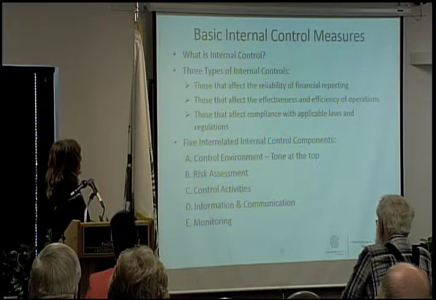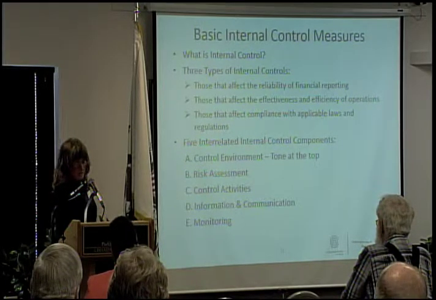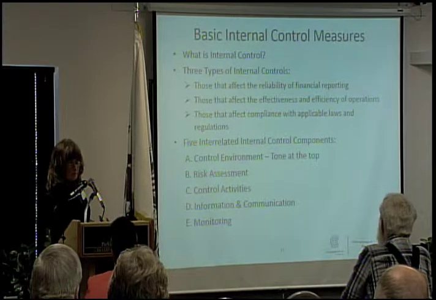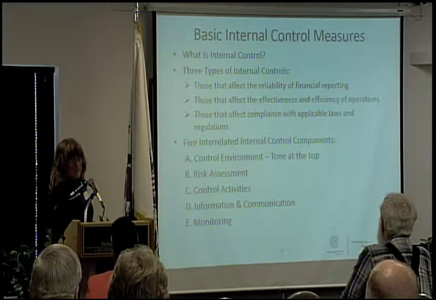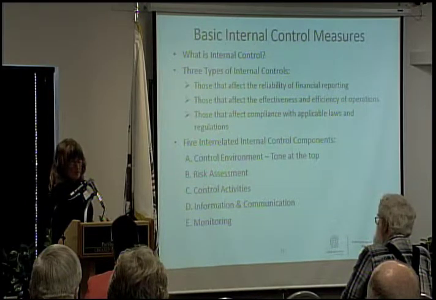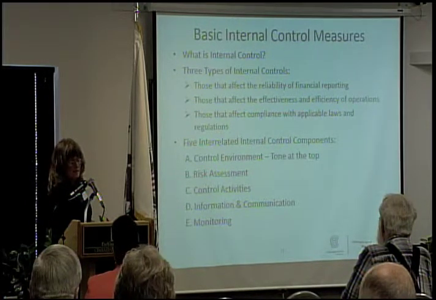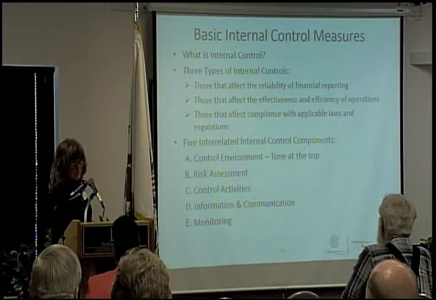Those that affect the effectiveness and efficiency of operations include controlling the purchase order process so that supplies are not unnecessarily ordered, determining that time off abuses are not occurring, things of that nature.